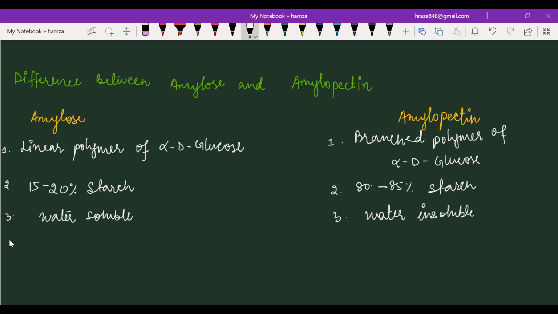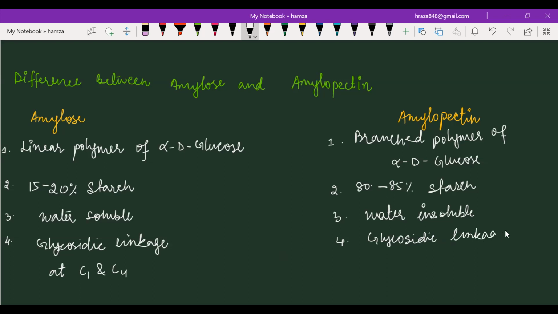The next is the glycosidic linkage: in amylose, at C1 and C4. And the fourth is the glycosidic linkage in amylopectin at C1 and C4, and branching at C6, carbon 6. Please get all these points, and if you have any doubt, let me know.